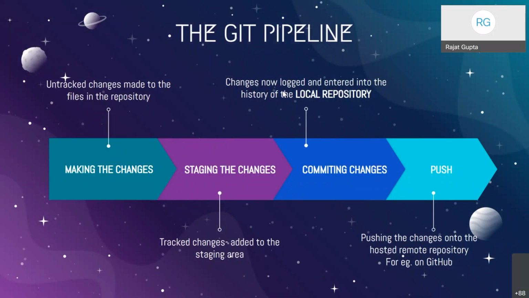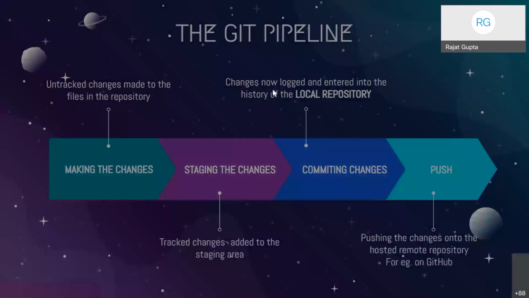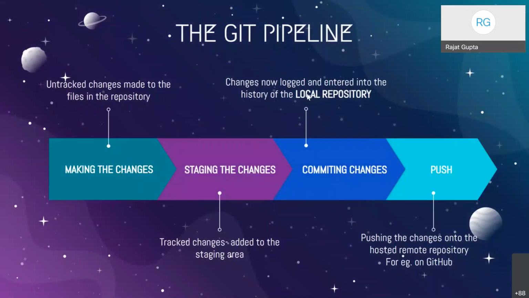Now the third step, which is committing those changes, means the changes get logged and entered into the history of the local repository. So we can keep track of all the changes that we made from the very first commit, and then we can push the changes into the hosted remote repository, for example on GitHub, using the git push command, which we'll learn further.